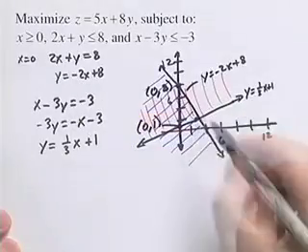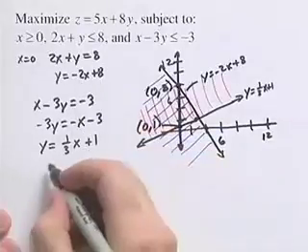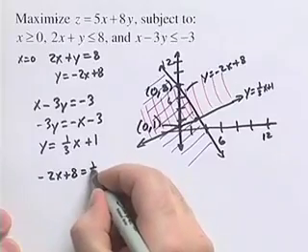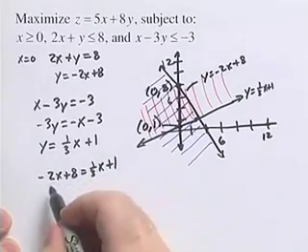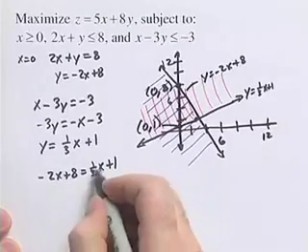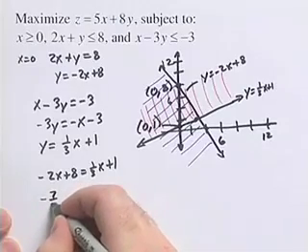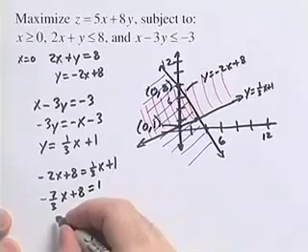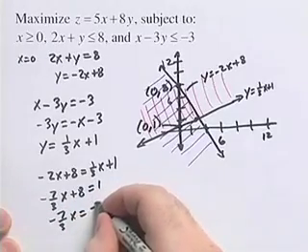We need to find out where those two lines cross. So we're going to set the two y's equal to each other. So we'll have negative 2x plus 8 equals 1/3 x plus 1. We need to solve this for x. We'll go ahead and subtract 1/3 x from both sides. So this will be negative 7/3 x plus 8 equals 1. Negative 7/3 x. If we subtract 8, will be negative 7.